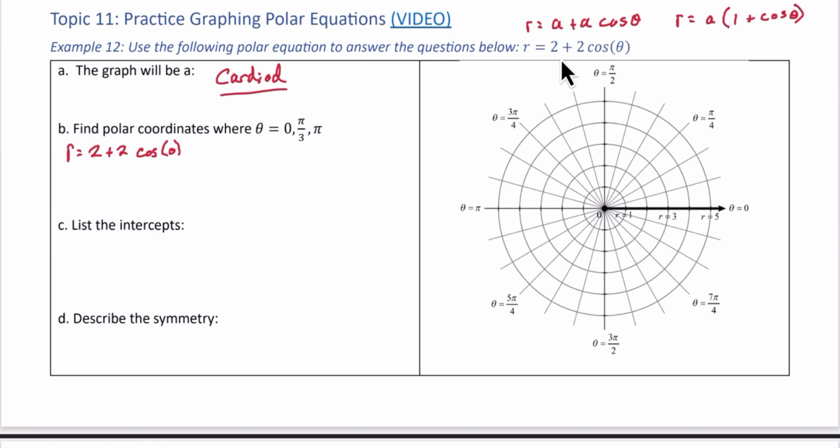We'll plug in theta of 0 first. That's going to be 2 plus 2 times the cosine of 0, which is 1. So 2 plus 2 will give us 4. That means our coordinate in polar form is r, which is 4, theta, which is 0. So we have 1, 2, 3, 4 on the polar axis.